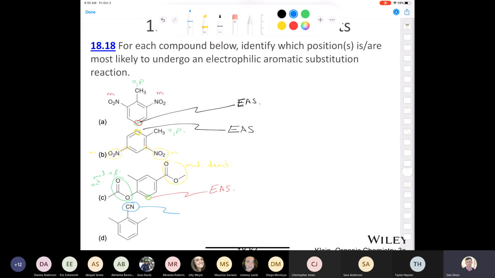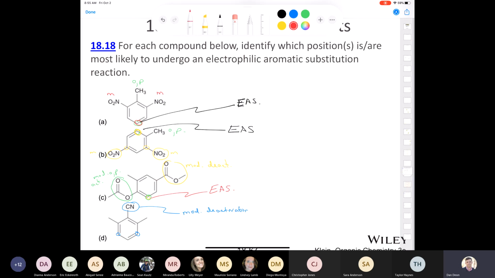A nitrile is electron withdrawing, so it's deactivating. It's a moderate deactivator, and so it's going to direct to the meta positions like this.